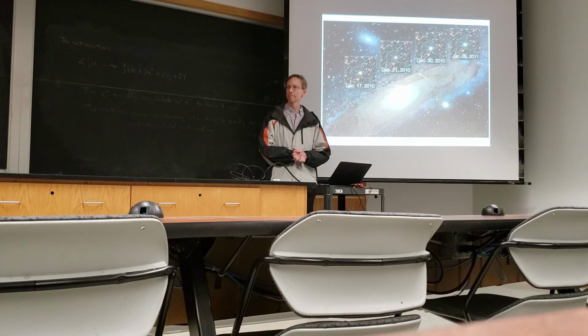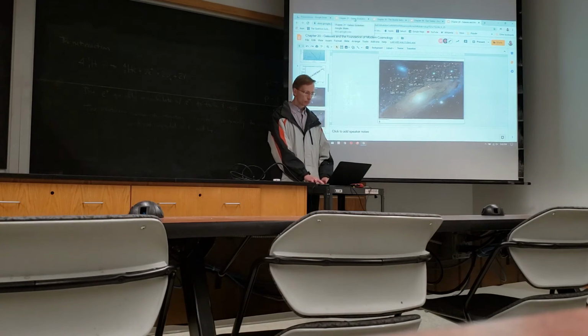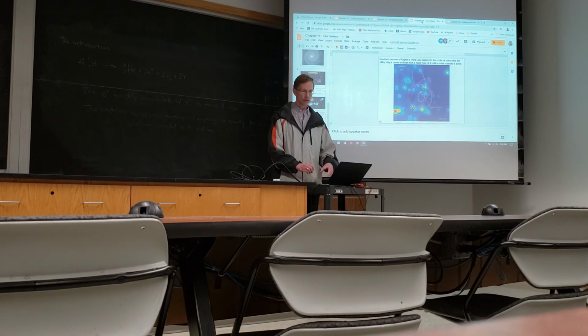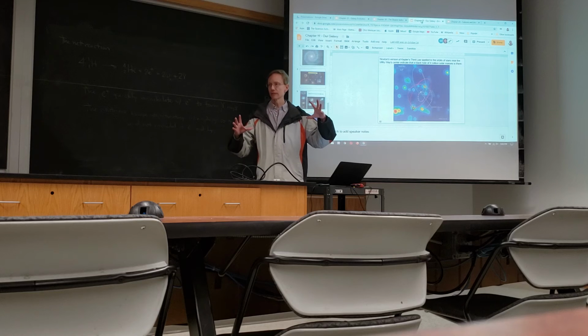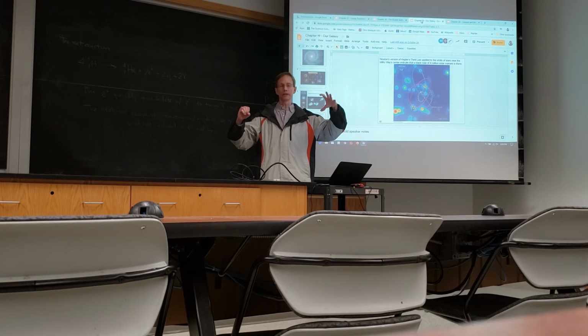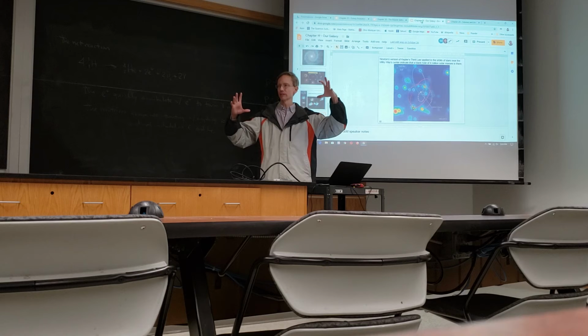Yes? Could you explain our galaxy's formation in terms of the collapse of a protogalactic cloud? Yeah, so we know that protostars form from protostellar clouds. And remember that the story is that when the sun, for example, formed, it started as a large cloud of gas, mostly hydrogen and helium with some dust mixed in.